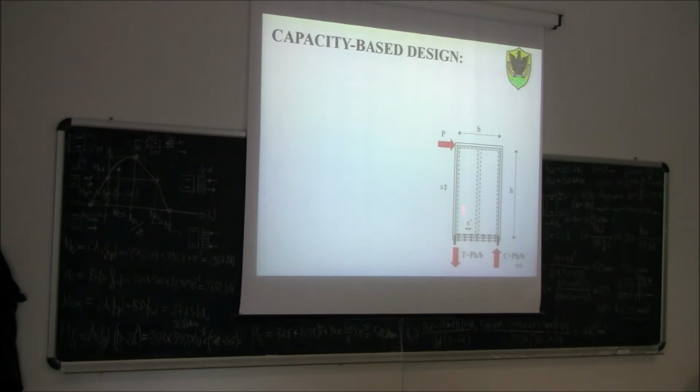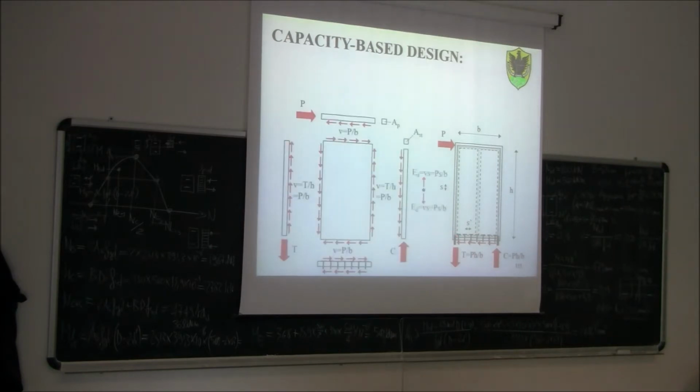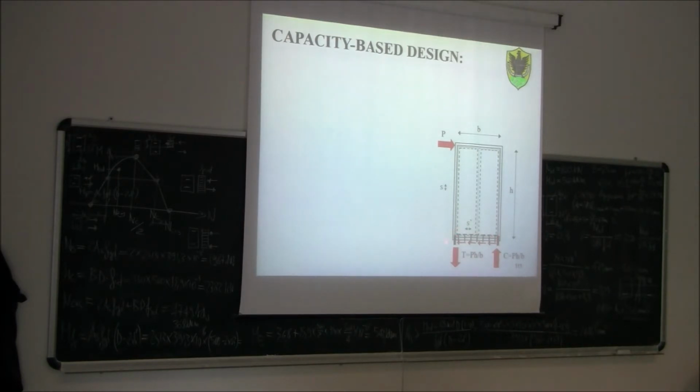So by the equilibrium, P times h divided by B will give us this equilibrating tensile and compression force. And then, if you remember, from the equilibrium we can also get this shearing force in the bolts and also the shear force in the nails.